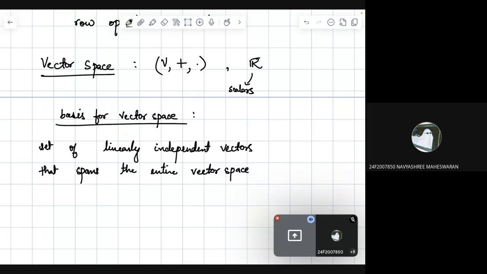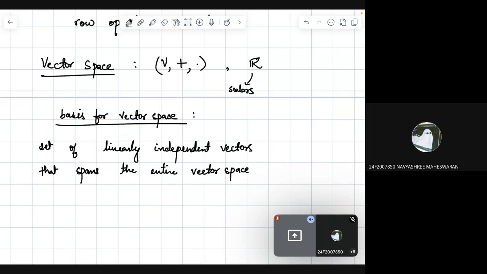The set of vectors which are linearly independent and which also spans. What does span mean? Span means that the dimension of the entire vector space is covered by that particular set. So if you take any vector from the vector space, that vector can be written as a linear combination of the elements of the basis, right?